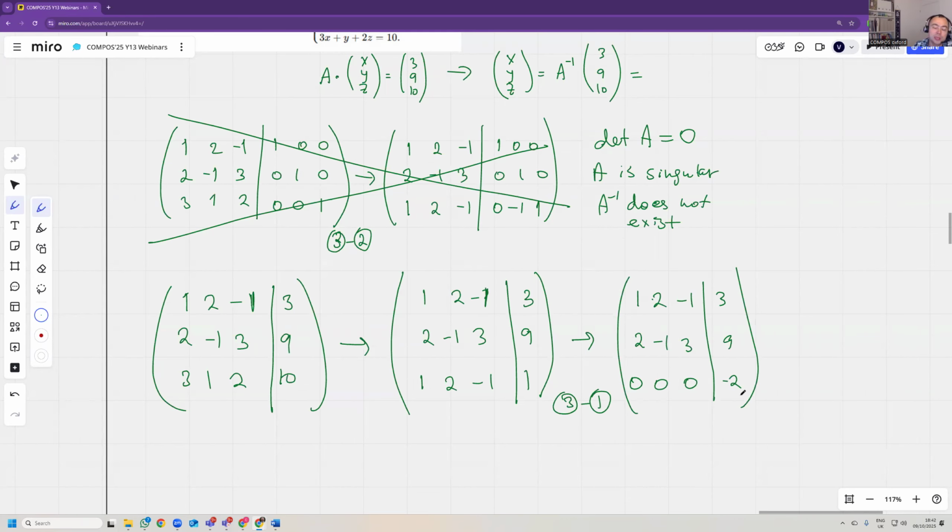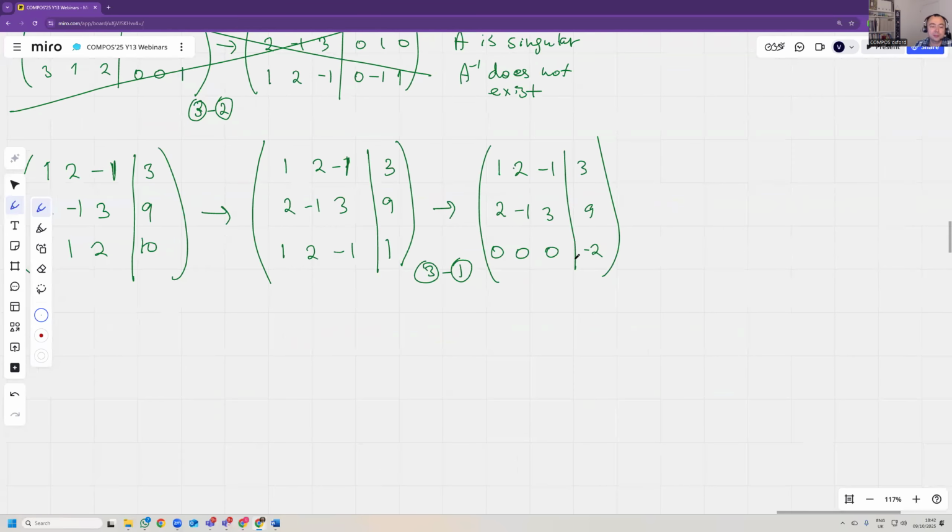And here, we have to say that the rank of matrix A is 2. Rank is the biggest square matrix you can extract from your matrix, the biggest non-singular matrix you can extract.